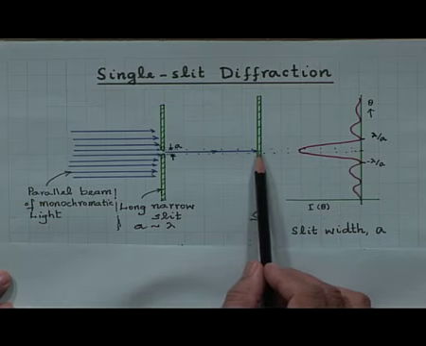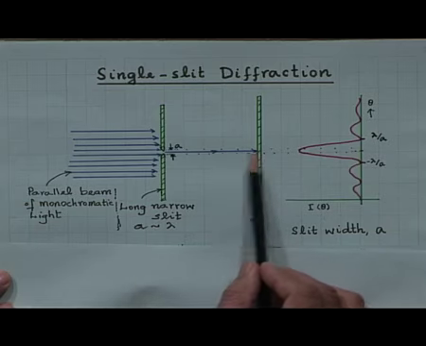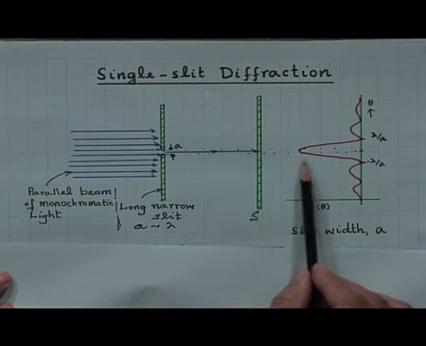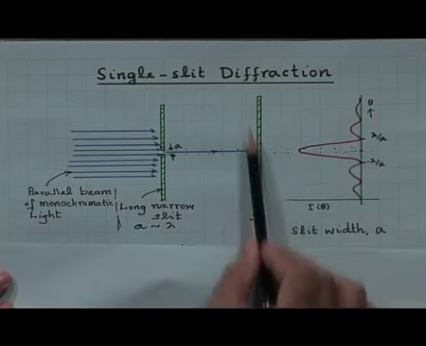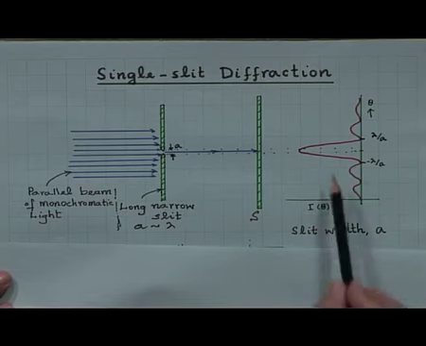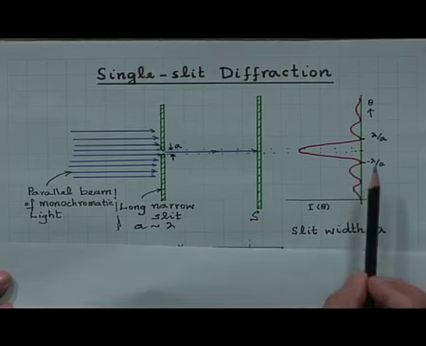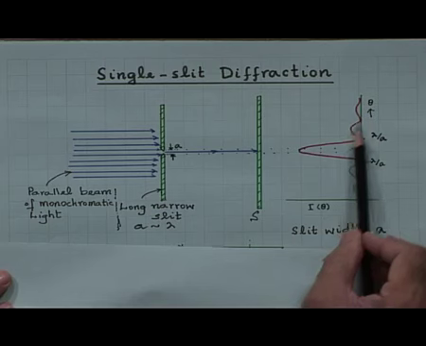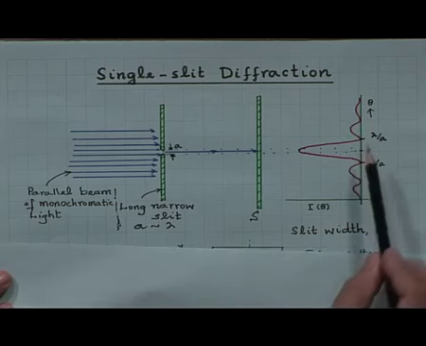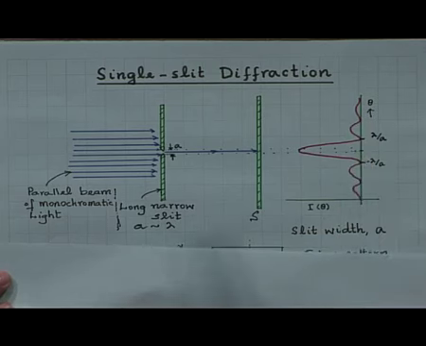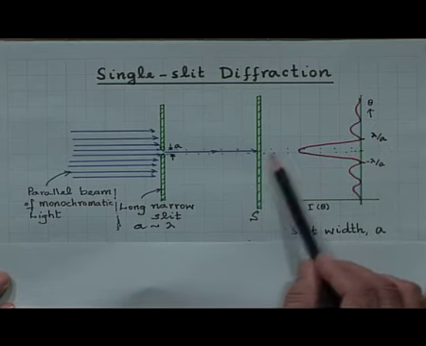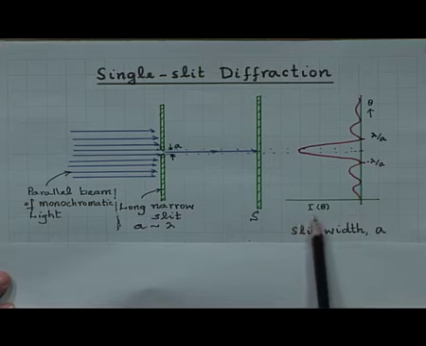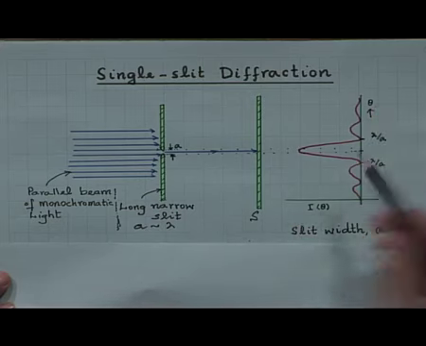And then instead of just having a box-like pattern here, what we have is intensity maxima and minima on the screen. We observe intensity maxima and minima on the screen. The first minimum here, as we will see later, is given by lambda by A. That is, if we plot the angular distribution, this is I of theta, this is not x, this is I of theta, theta is the angle here.